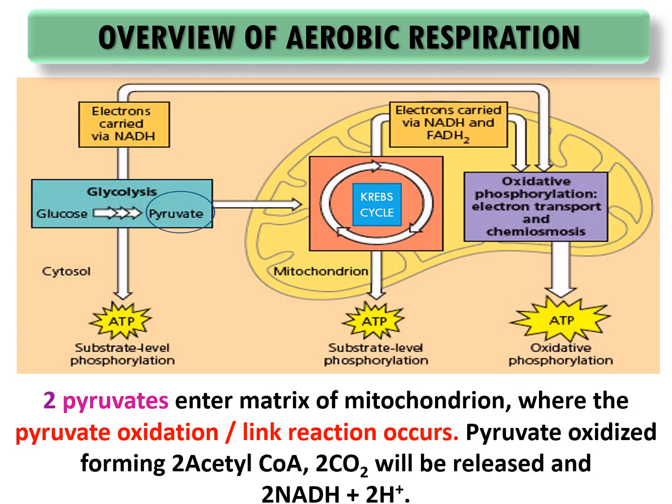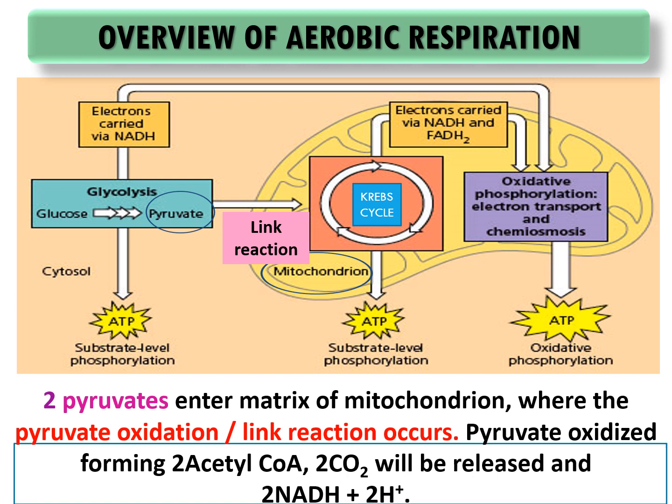2 pyruvate enter the matrix of the mitochondria where the pyruvate oxidation or link reaction occurs. Pyruvate is oxidized, forming 2 molecules of acetyl-CoA, 2 carbon dioxide released, and 2 NADH plus 2H plus.